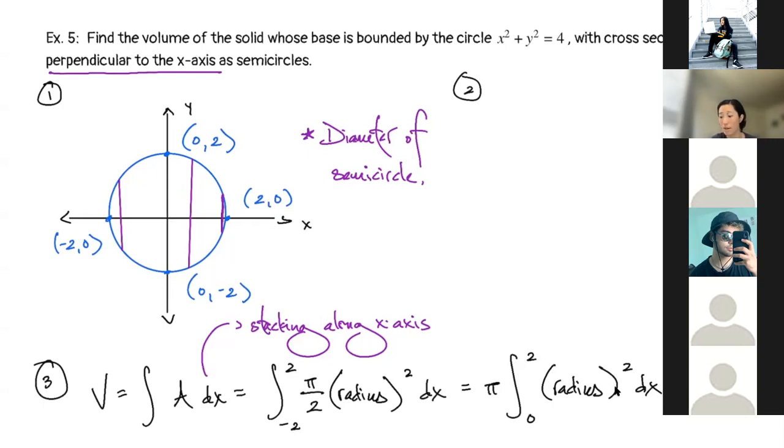This is a new strategy for us. How do we find a function that defines just that top half of the circle?